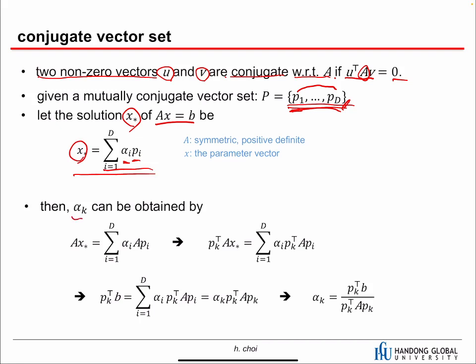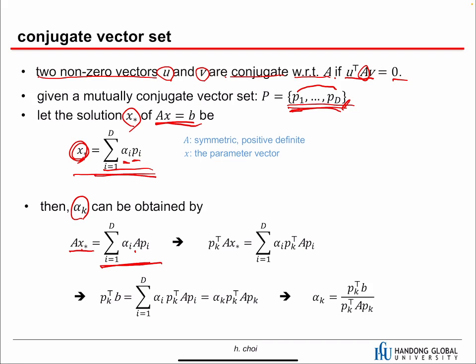And then alpha sub k can be obtained by this process. Since x star is the solution of Ax = b, Ax star can be rewritten in this way, because x star is here and we multiply A here, so this is A x star.